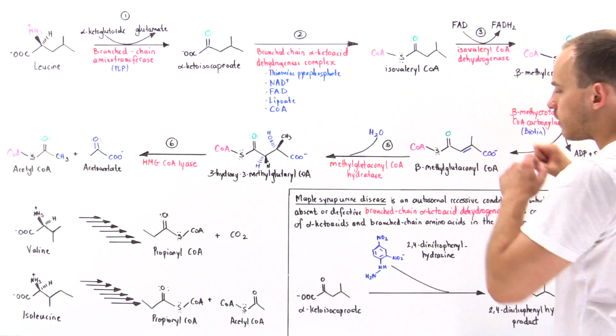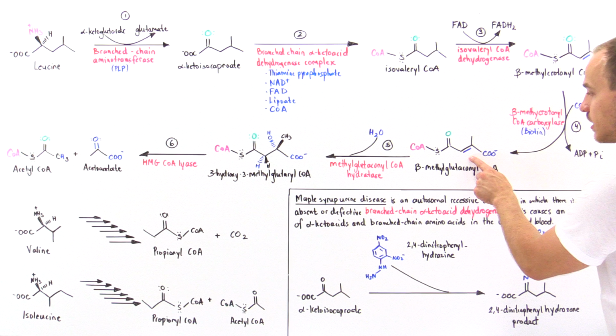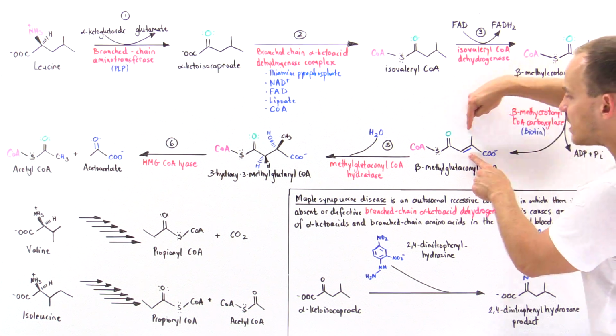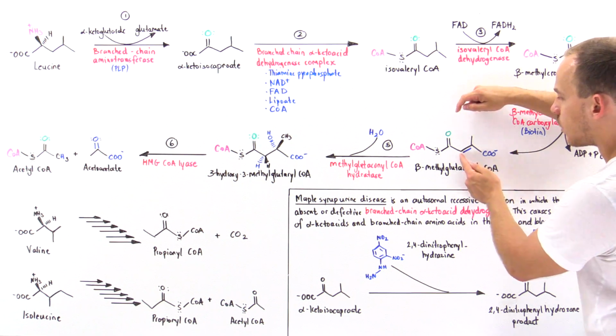Now, once we form this, the next step is a hydration step. We want to break this pi bond, and then attach a hydroxyl group onto this carbon and an H atom onto this carbon here.